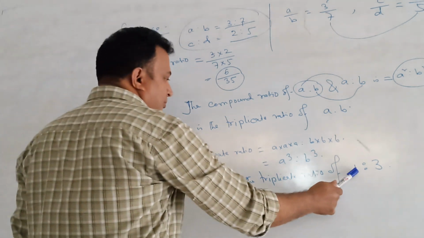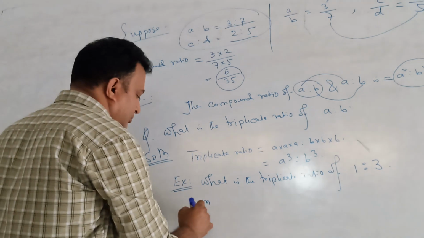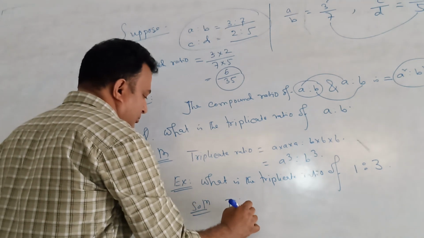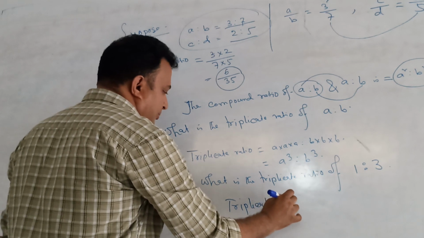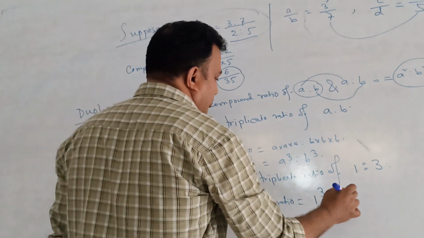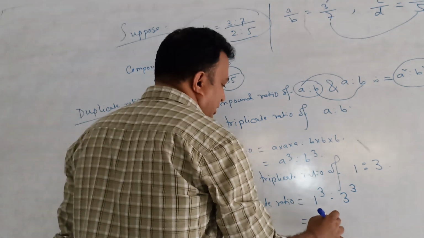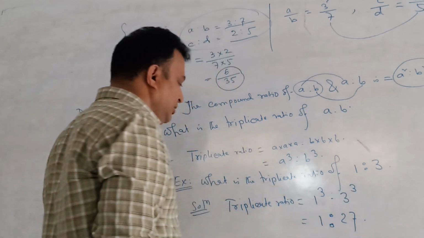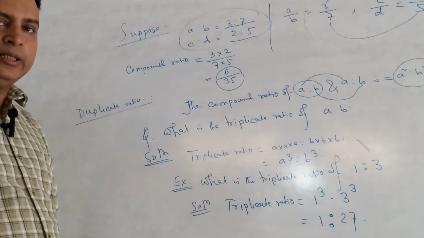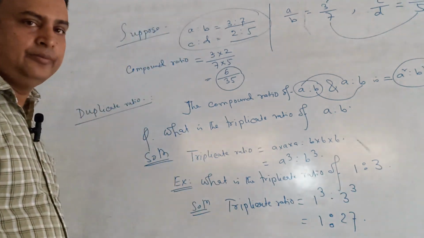So you have to cube it. Triplicate ratio 1 cube is to 3 cube. 1 cube means 1, and 3 cube means 27. So 1 is to 27 is the triplicate ratio of 1:3.